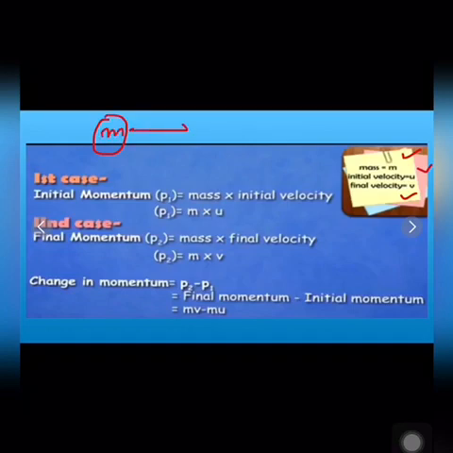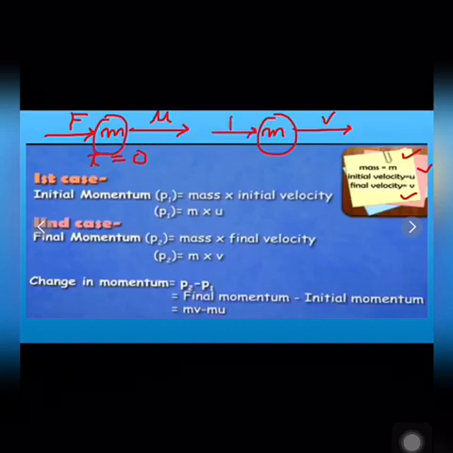Let's consider a body of mass m moving with initial velocity u, and let some force act on this body. Here the time t is equal to 0, and after some time its final velocity becomes v at some time t.